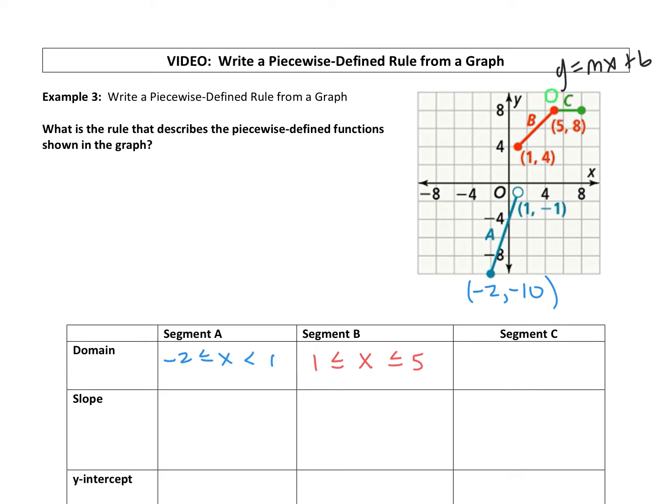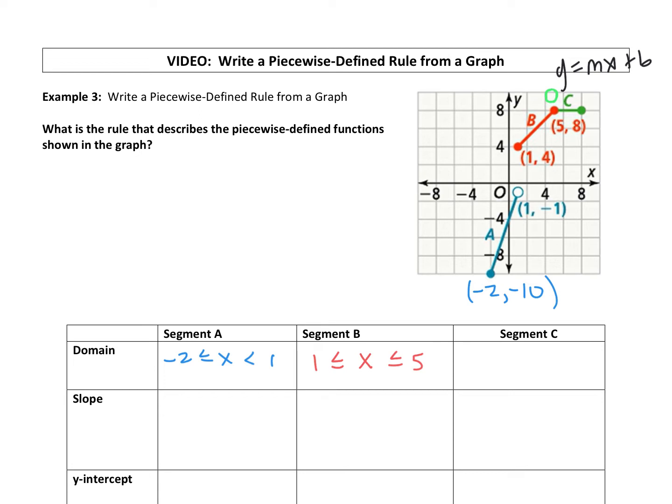So one segment will have a closed circle while the other segment will have an open circle. If you notice here, when x equals 1, it's a closed circle up here because the 1 is included in this function, but the 1 is not included in this function. So that's something important to make sure we're aware of.